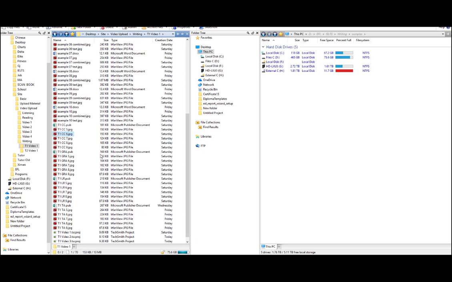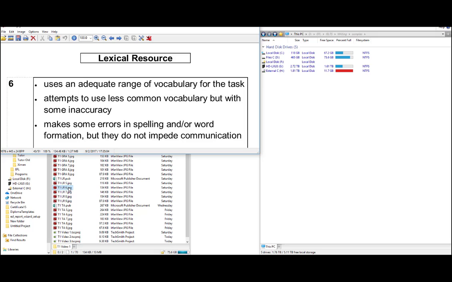So for vocabulary, yeah, there are some errors in word choice, but it doesn't really impede communication, so possibly a 6.